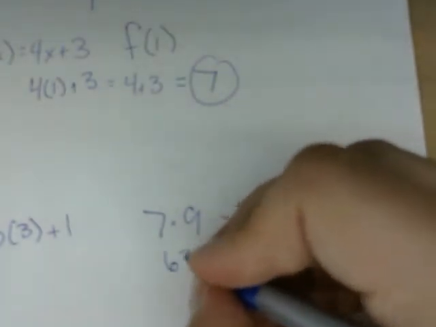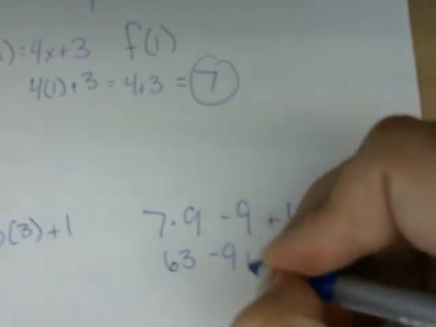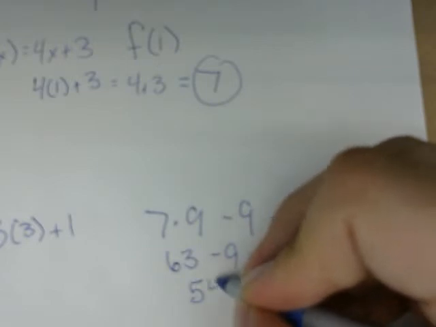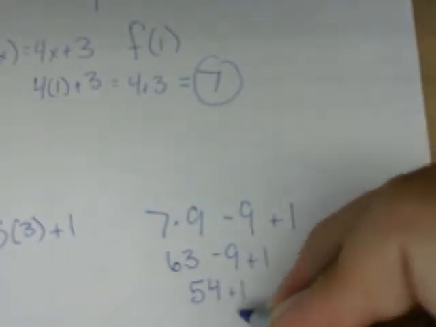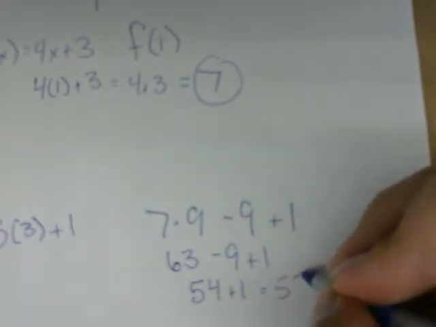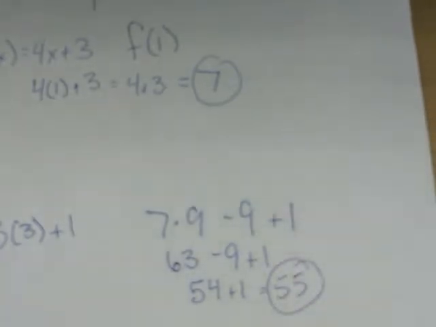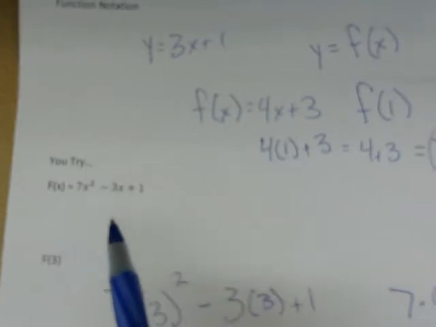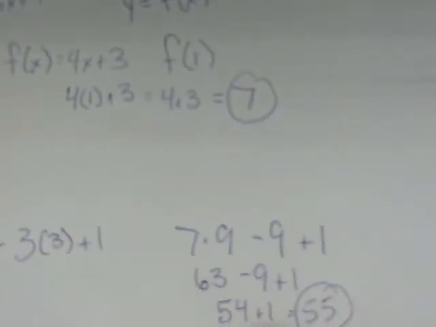This is 63 minus 9 plus 1. 63 minus 9 is 54, plus 1 equals 55. So f of 3, when plugged into this, should equal 55.